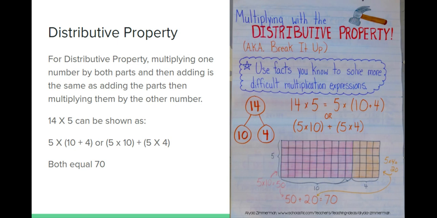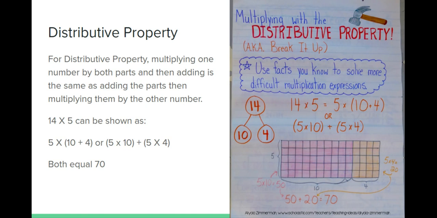All right, the distributive property is multiplying one number by both parts and then adding is the same as adding the parts and then multiplying them by each other. So we have in our example in this chart, 4 times 5. 4 times 5 can be shown as 5 times 10 plus 4 in parentheses, or as 2 sets of parentheses, 5 times 10 plus 5 times 4.